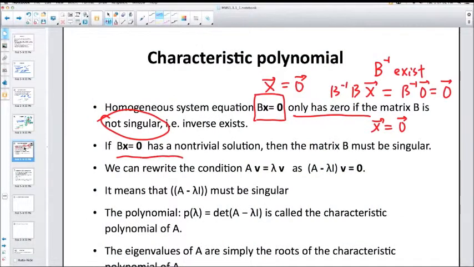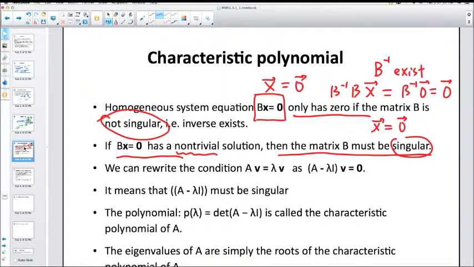And the flip side of this statement is, if you want any non-zero solution, or we call it non-trivial solution, you cannot let the B have the inverse. So the B must be singular.